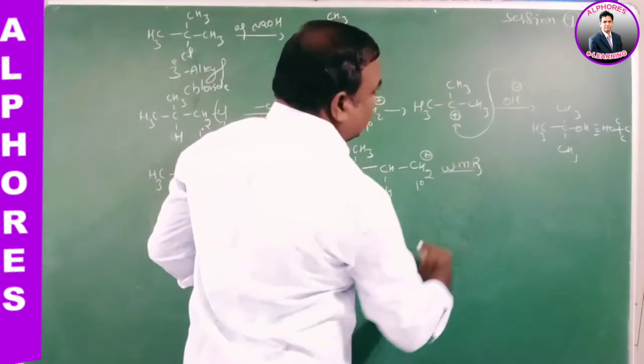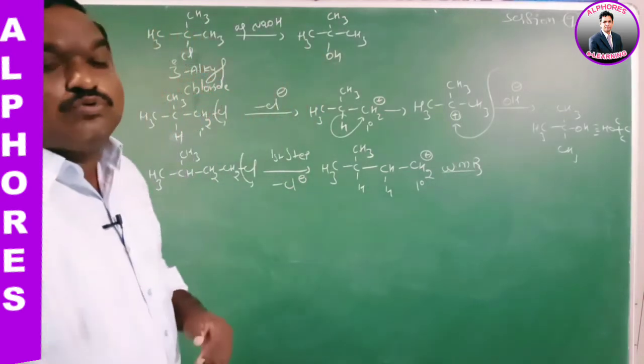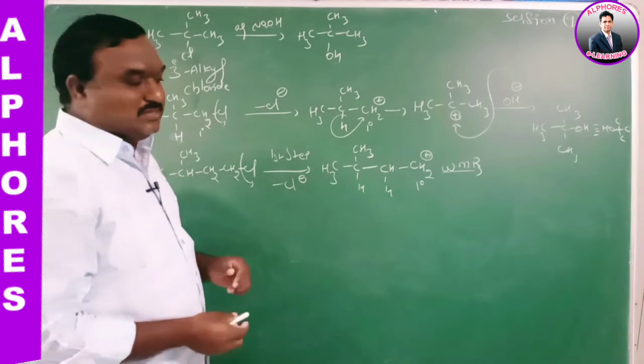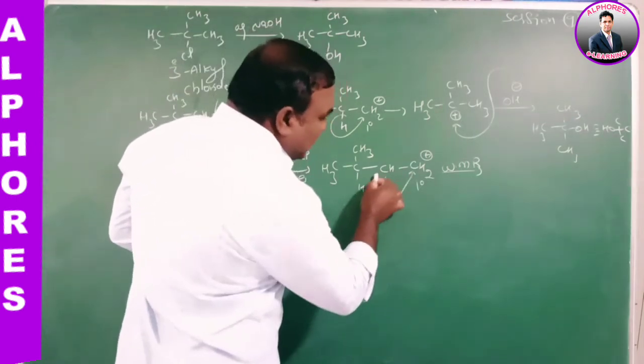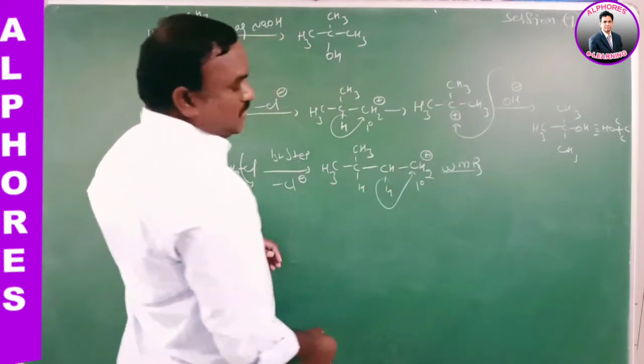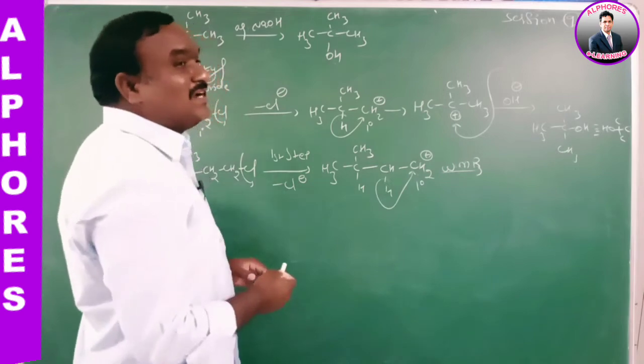Wagner-Meerwein rearrangement: a less stable carbocation converts into a more stable carbocation. The hydride shifts from where to where? From the secondary carbon to the primary carbon. Now the positive charge migrates towards the secondary carbon.